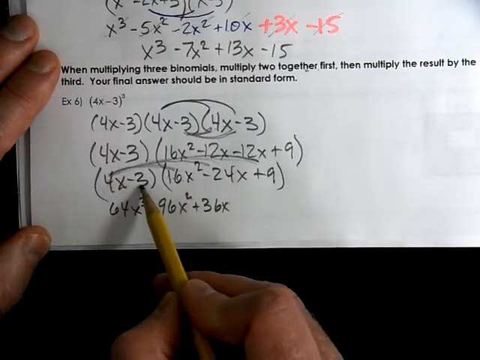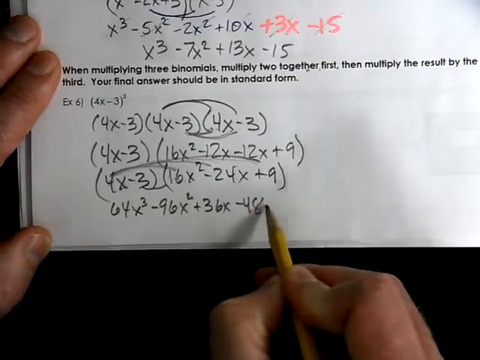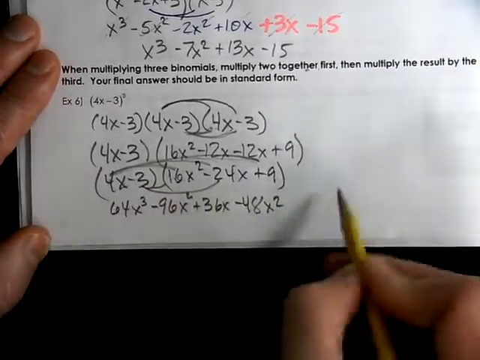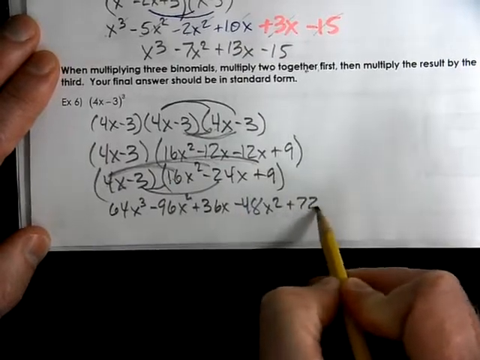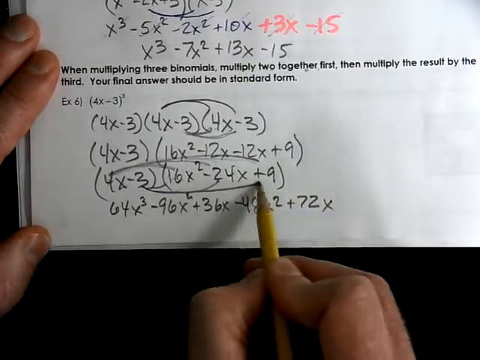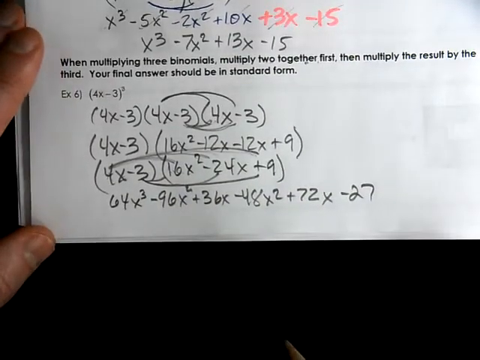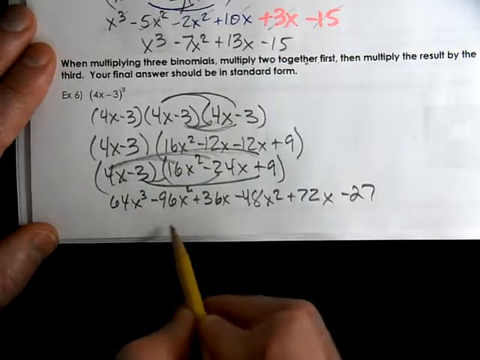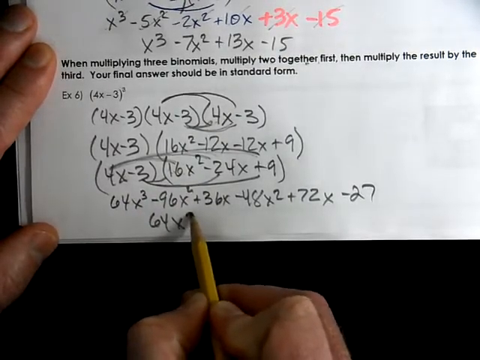Then we come through and work with our 3. So we get negative 48x squared. Positive 72x. And negative 27. So that's going to give us 64x cubed.